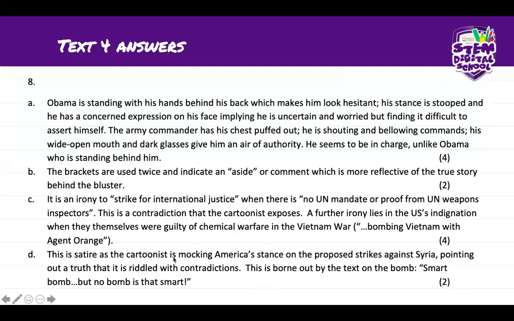So he's mocking America's stance on the proposed strikes against Syria, pointing out a truth that it is riddled with contradictions. This is borne out by the text on the bomb, smart bomb, but no bomb that is that smart. Okay, lovely.